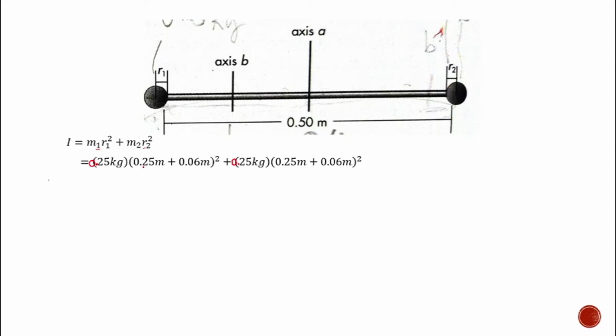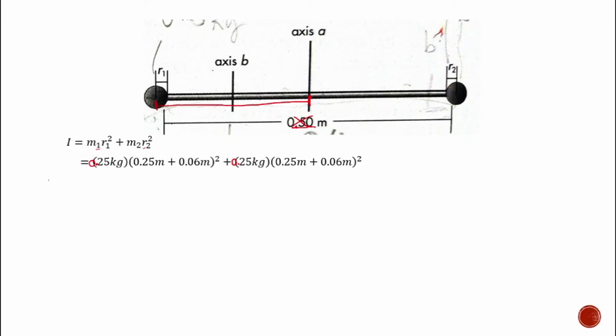So, yung r1 natin now, ito yung distance ng axis of rotation, which is located right here, hanggang dito sa may half ng sphere. Okay? So, if this is 0.50 meters, yung total length ng baton or ng stick na ito, and nandito yung axis of rotation sa may gitna, of course, we're going to make this half. I-half natin yung 0.50 meters.